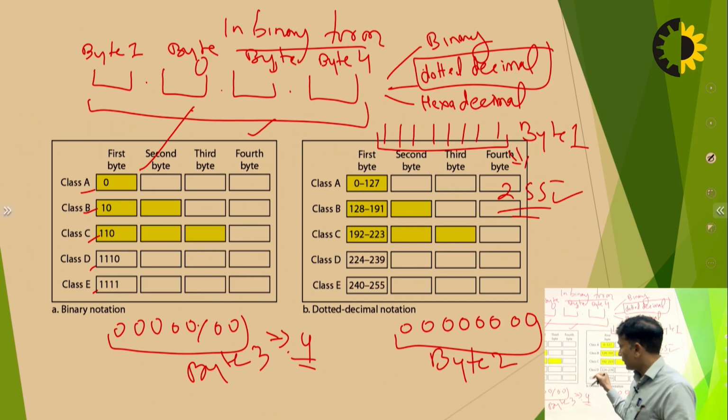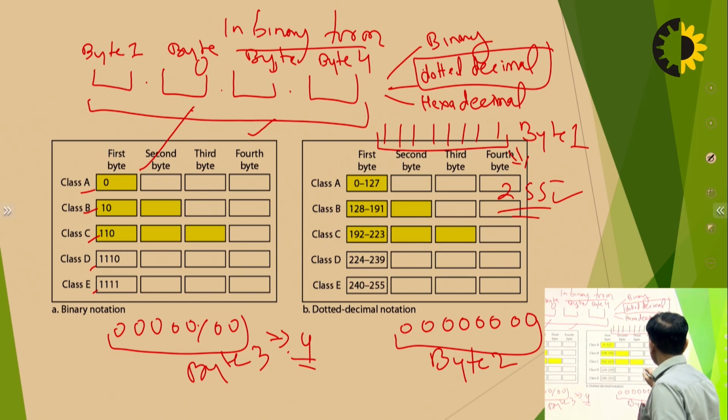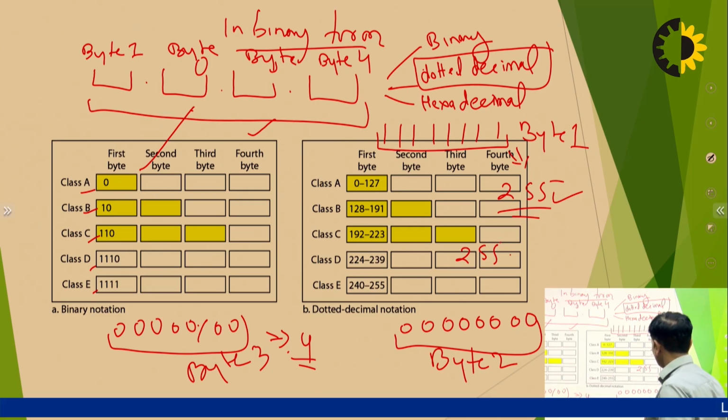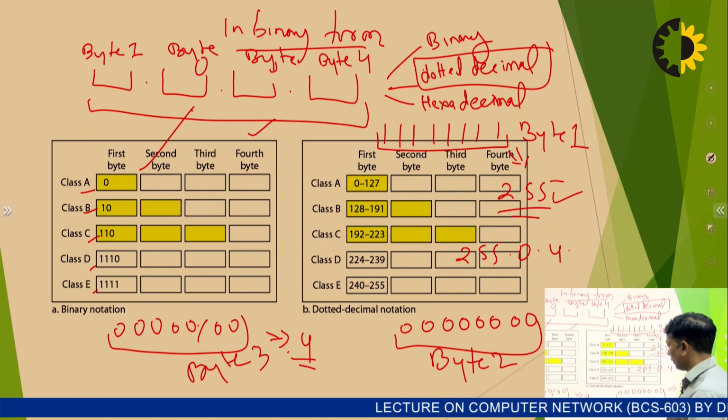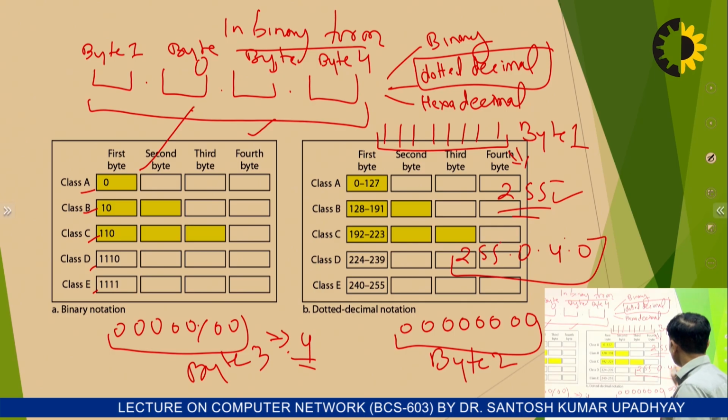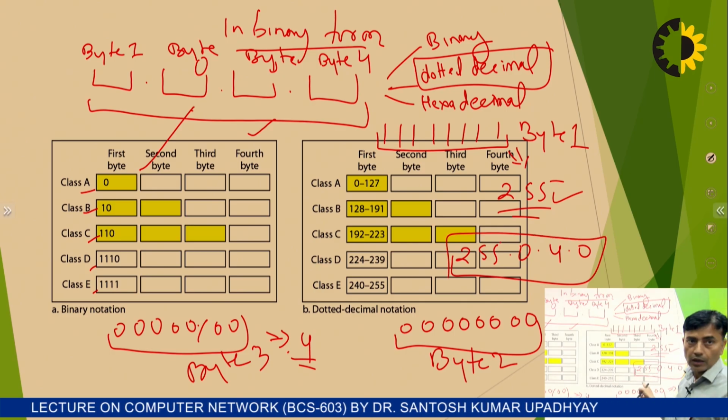So now we can write all these binary combinations into dotted decimal notation. Like the first one is 255, then dot, second byte is 0, then dot, third byte is 4, then dot, and the last byte, suppose all 8 are 0, so it will be 0.